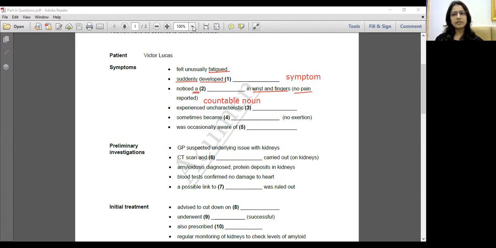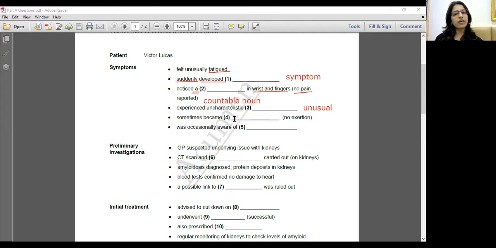Uncharacteristic, unidentified, yeah, unusual. So again, it is going to be a symptom that they experienced. So this time it is going to be a symptom that can be experienced, and not noticed. Yeah. Sometimes became blank.